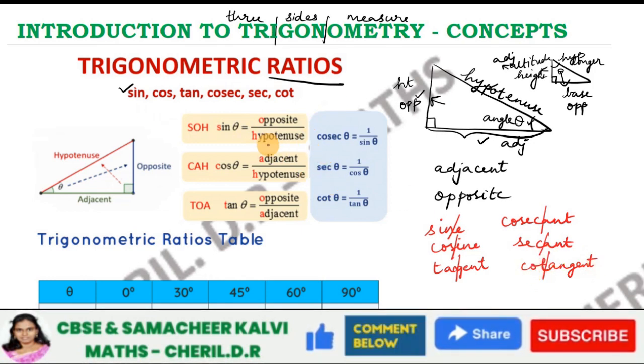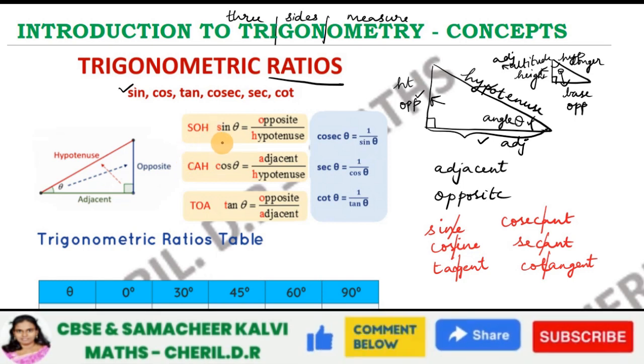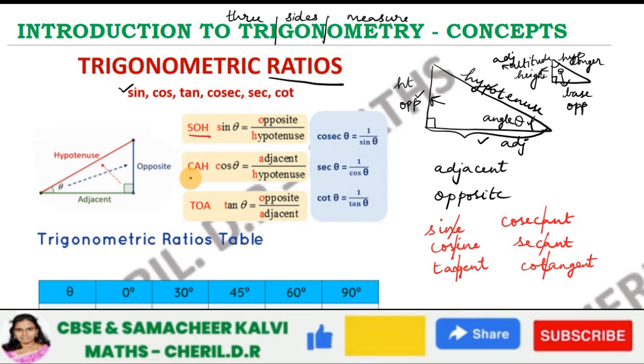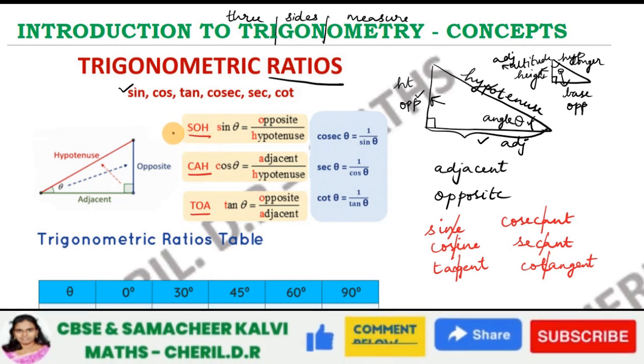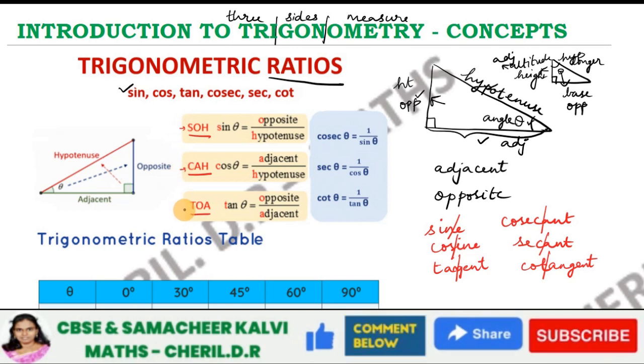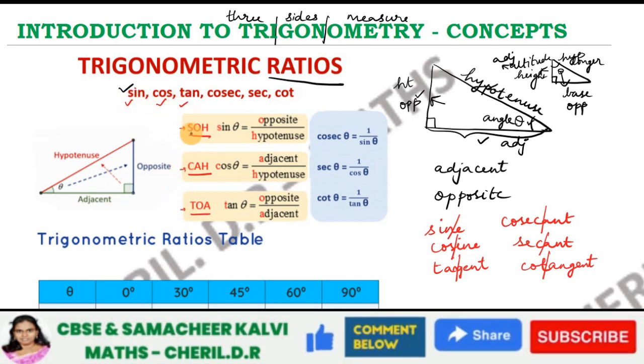All these have some ratios which we need to remember. To remember that, we are going to see this concept: SOH CAH TOA. The S, C and T represent sine, cos and tan.